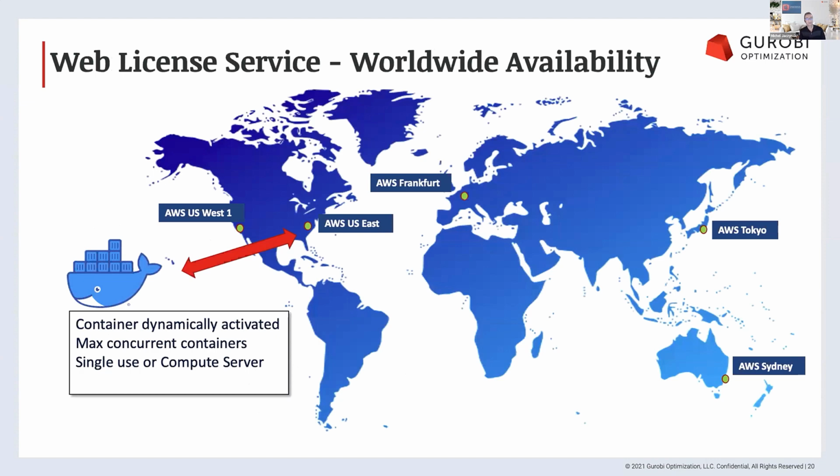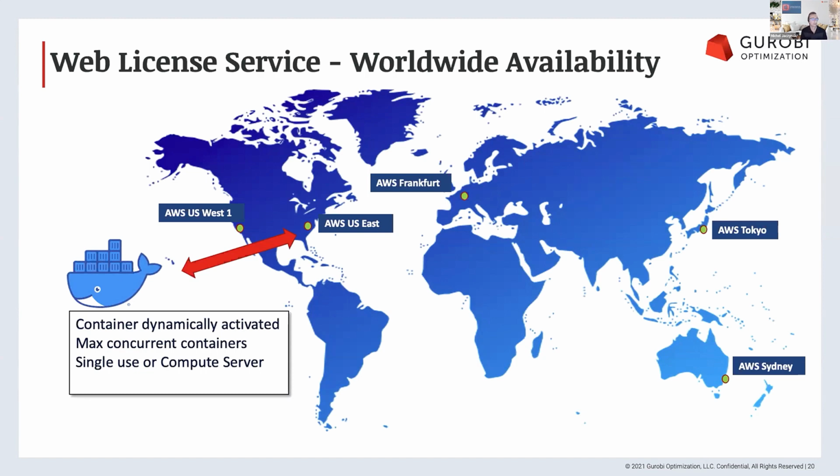Let me give you some more details about how this works. So we have servers, as I was saying, deployed in 5 regions across the world. And when you start a container, it will automatically connect to the closest servers that we have, and it will dynamically activate the use of Gurobi in this container and check that you are entitled to use Gurobi in this environment.